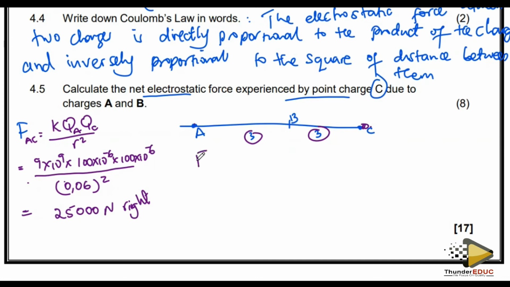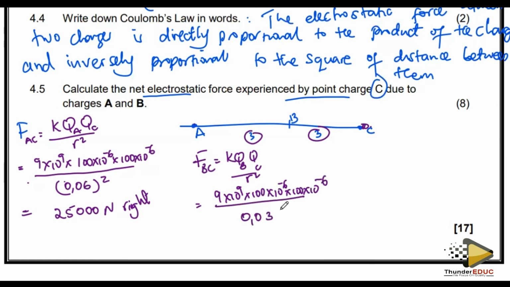Then I look at the force in B and C, kQ over r squared. It's going to be more or less the same thing. So 100 times 10 to the negative 6, 100 times 10 to the negative 6 over 0.03 squared. That is 100,000.